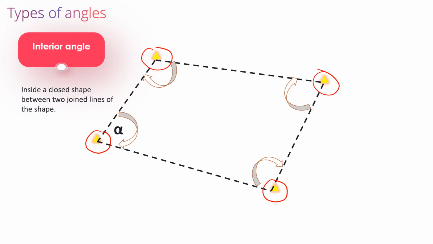We know that this is a four-sided polygon, so the sum of all the interior angles of a four-sided polygon is equal to 360 degrees. If we take a triangle, all of these are the interior angles, and the sum of the interior angles of a triangle is 180 degrees.